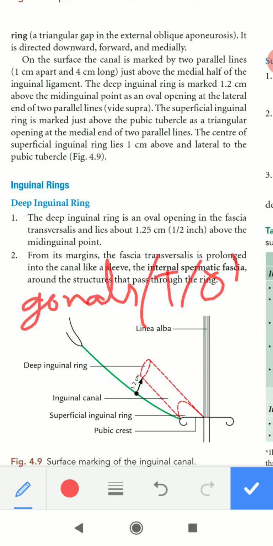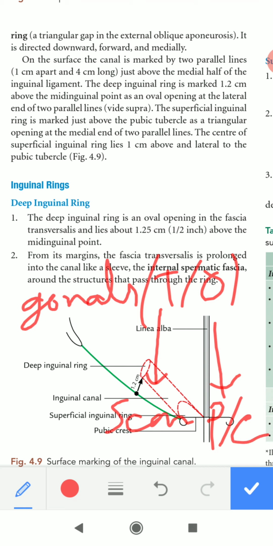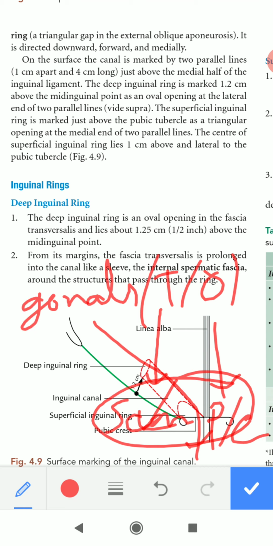Testis ultimately descend and go to the scrotum, and ovary descend and ultimately go to the pelvic cavity. Due to their descent from abdomen to the pelvis or abdomen to the scrotum, this inguinal canal is produced.